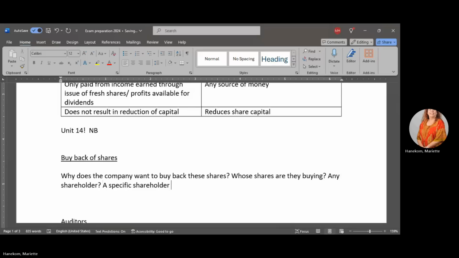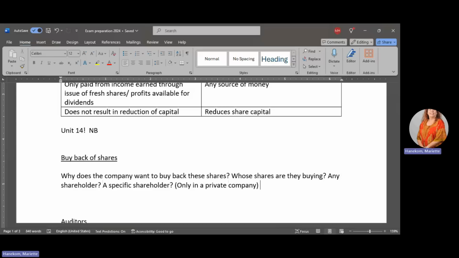If it's the case of a specific shareholder, I can tell you now, this will only happen in a private company that only has a number of shareholders. So there are 3 shareholders or 4, and one of them wants to move out of the company, start doing something else, and wishes to sell their shares back to the company, because the company and the other shareholders don't actually want these shares to go to an outsider.